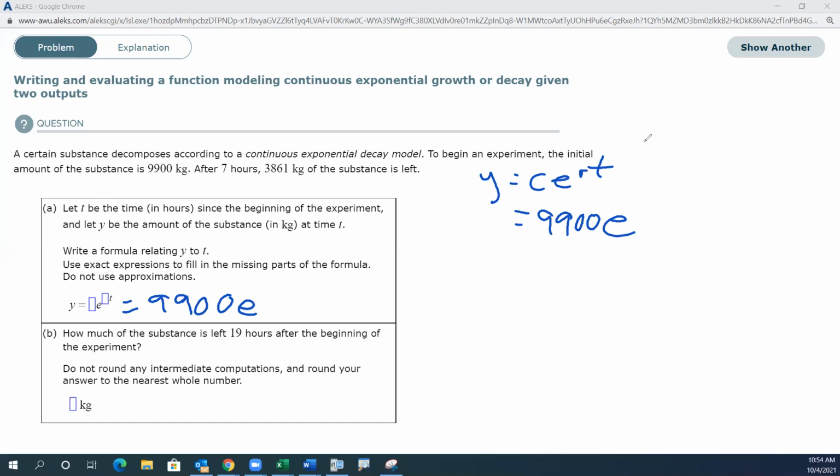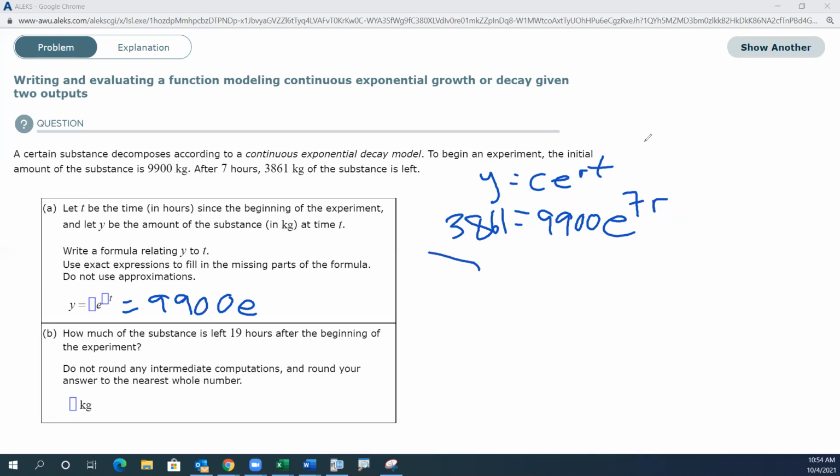All right, so what's R? Well, we know that we end up with 3861 after 7 hours. So we've got an equation with just a single variable, because remember, e is not a variable. It doesn't vary or change.